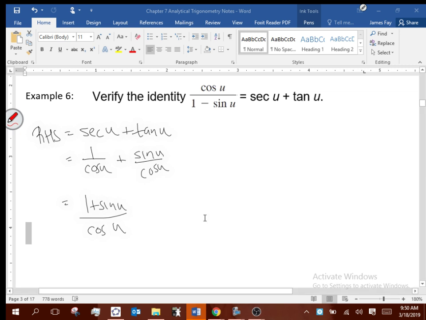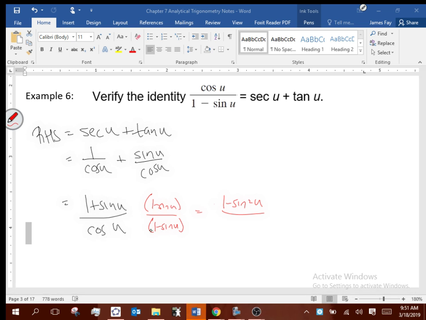Okay, so I'm going to go 1 minus sine u again, or 1 minus sine u, and now I get 1 minus sine squared u. Now here's the thing that I want to make sure, and it's the reason I want to go through this route. It's the same thing that we did when we started talking about how to work with rational equations.